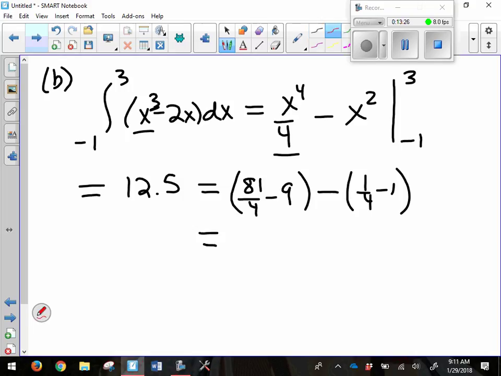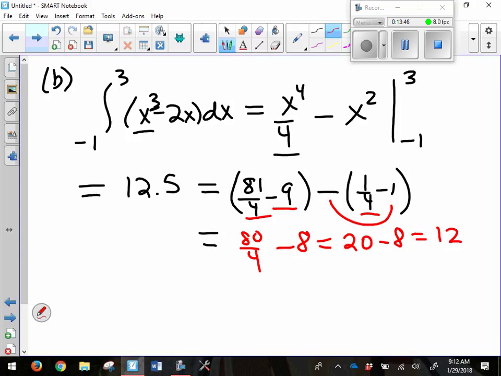So this part and this part is going to give me 80 over 4. And this part and this part is going to give me -8. And 80 over 4 is going to give me 20 minus 8. It's going to give me 12.